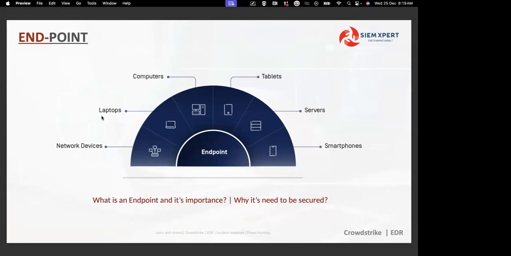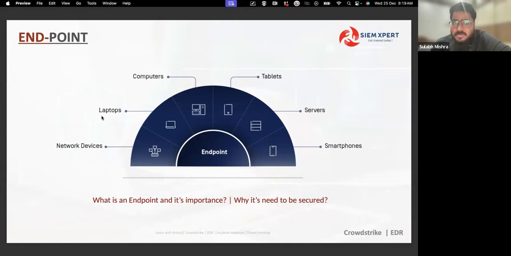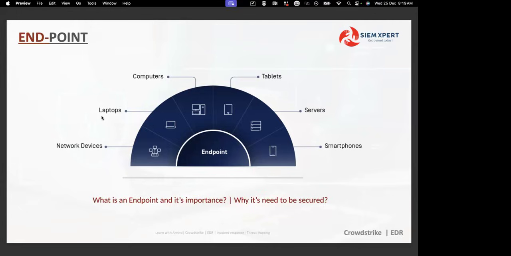It passes on the traffic which it gets. It does not store anything. It does not store your routes. It does not store your gateways. It stores, and it is a network device, so it is considered as an endpoint.